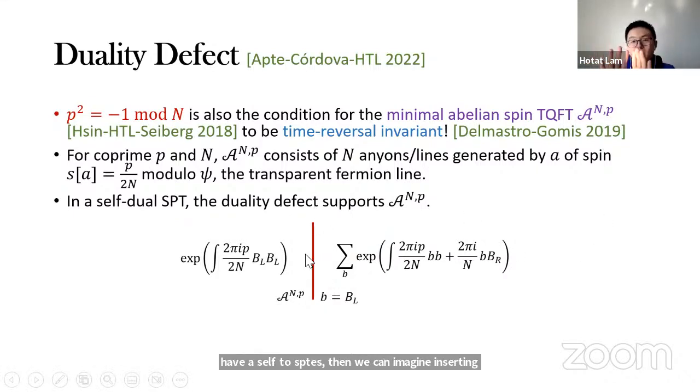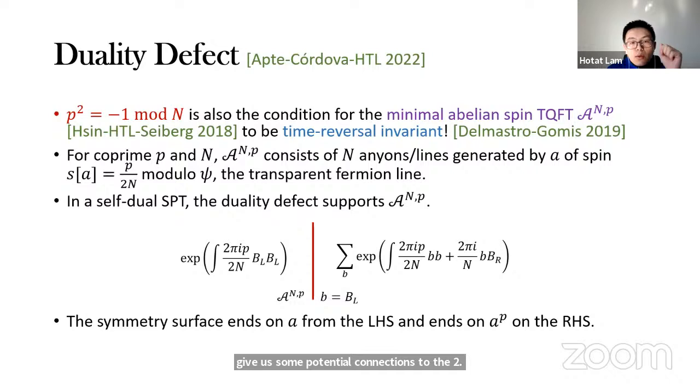Since the bulk is completely trivial, the defect should have a well-defined 2+1D topological quantum field theory description. And this TQFT turns out to be the minimal abelian one. So this gives us some potential connections to the two effects. Okay, so let me also say a little bit more about what happens when we insert symmetry defects, the Z_N symmetry defects, on the left-hand side and the right-hand side.